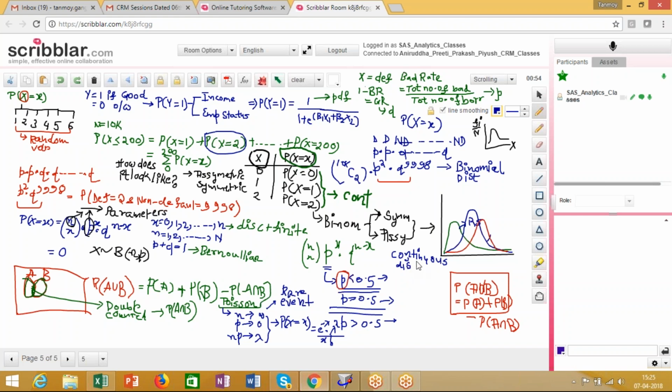Yes, any ideas? We had discussed the most common form of a continuous distribution. So what was it? Yes, we had discussed this functional form. What was that?